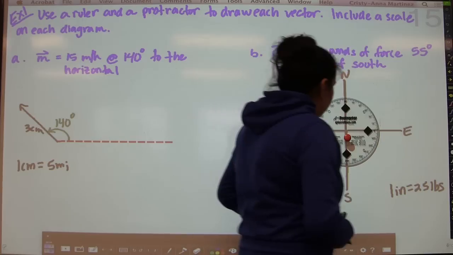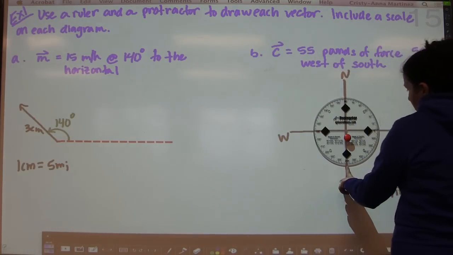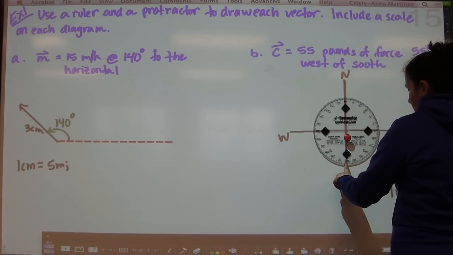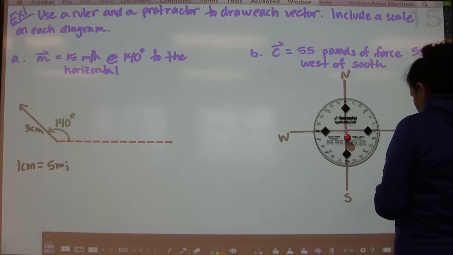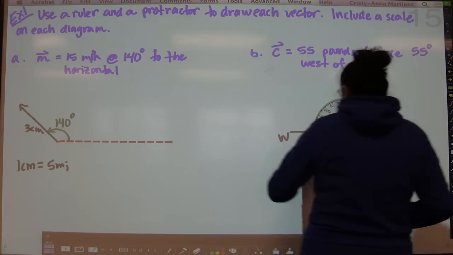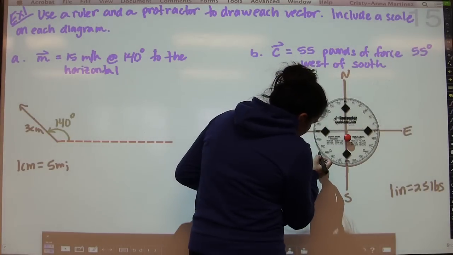So right here, I'm looking at 270, but what I want to do is 55 degrees this direction. But these numbers are getting less and less. So in order for me to know what number I should be at, I'm going to go 270 and subtract the 55, and it's going to be at 215. So 215 is right about here.